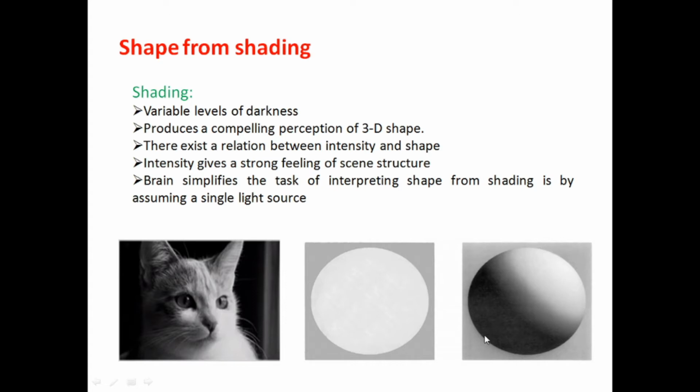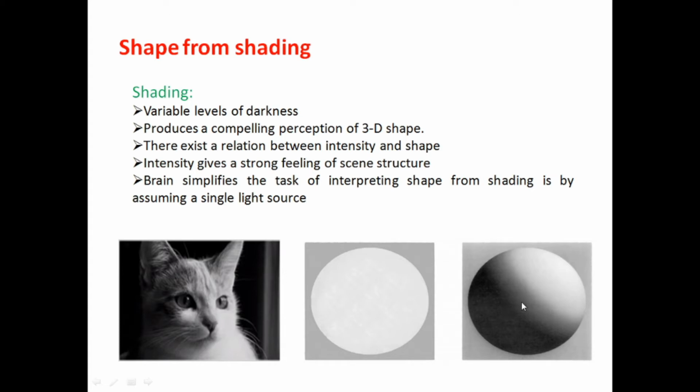The same image that I have here, I have also taken here, but here it has variable levels of darkness. That means here the darker area is more, because this part is covered with more dark area, and when compared to this part we can see that there is no such dark region.